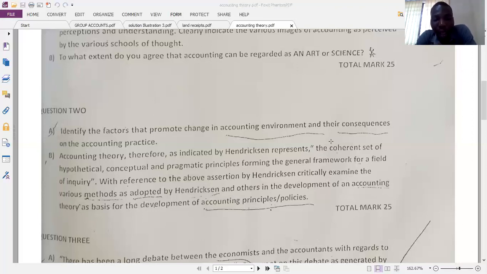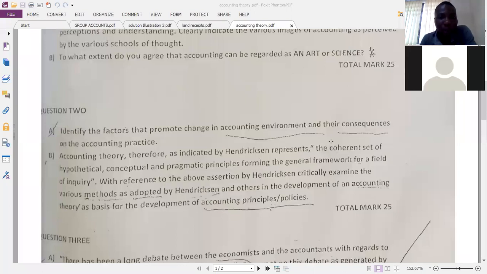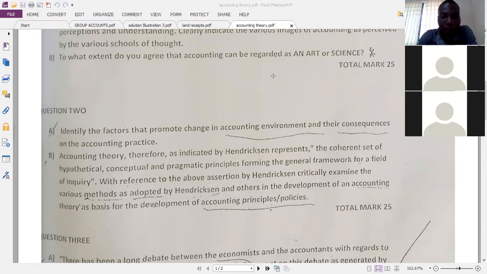With reference to the above assertion by Hendrickson, critically examine the various methods adopted by Hendrickson and others in the development of an accounting theory as basis for the development of accounting principles and policies.